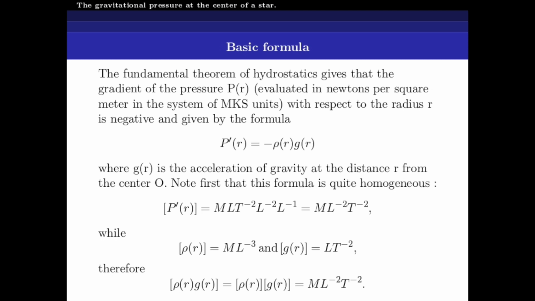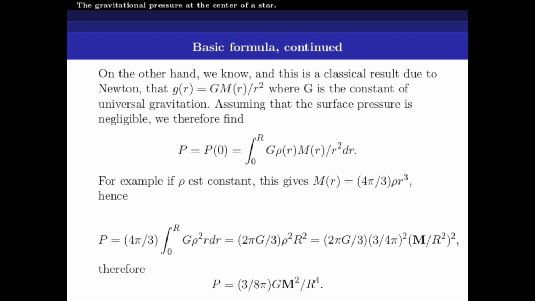Therefore, dimension of ρ(r)g(r) = M L^-2 T^-2. On the other hand, we know, and this is a classical result due to Newton, that g(r) = G m(r) / r², where G is the constant of universal gravitation.